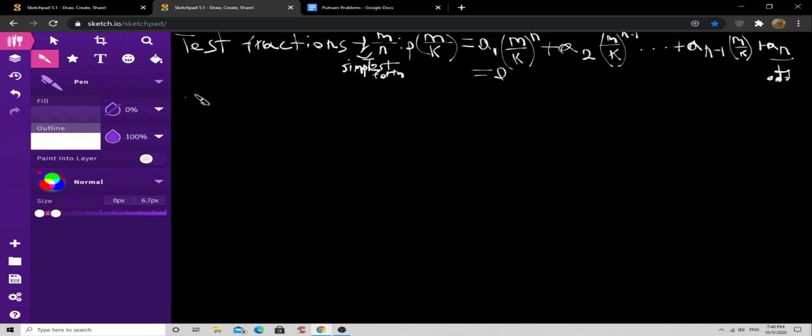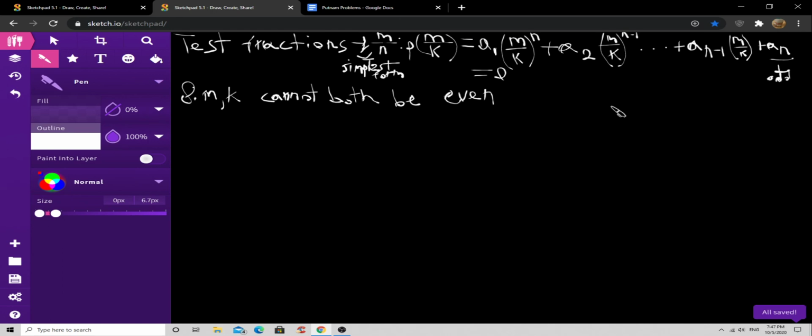So m, k cannot both be even. Okay, and actually what I'm going to do is get rid of the denominator.